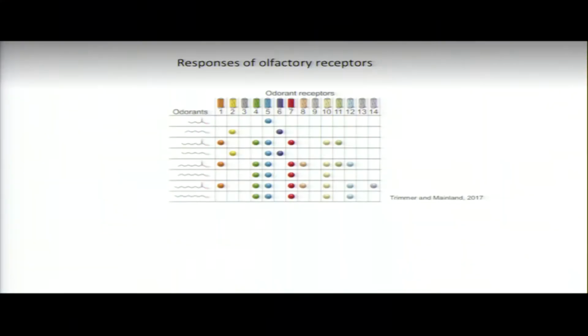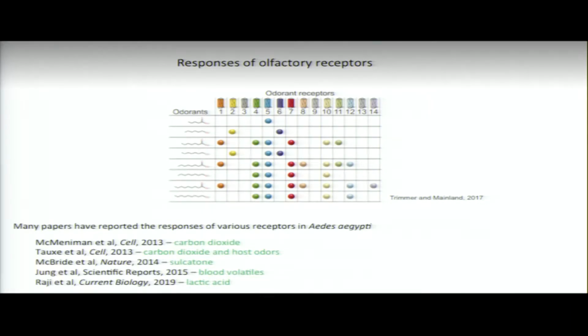Each olfactory receptor detects a particular subset of odors, and based on a lot of work, we now know which receptors detect which odors in many different insects. In Aedes aegypti, a lot of work has been done on specific receptors, and people have found the receptors for carbon dioxide and some specific human odors.